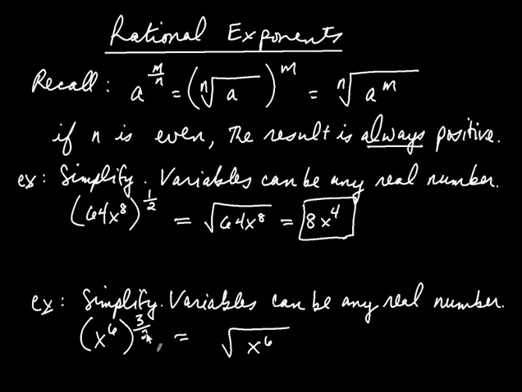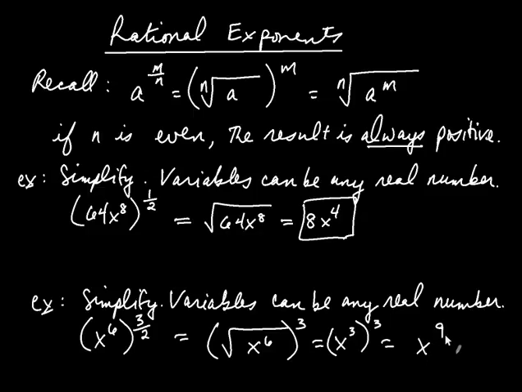That takes care of the denominator, but then I have to raise it to the 3rd power to take care of the numerator. The square root of x to the 6th is x cubed, because you take the 6 and divide by 2 to get 3. But then you have to take that and still raise it to the 3rd power, that's still on the outside there. And that's x to the 9th.